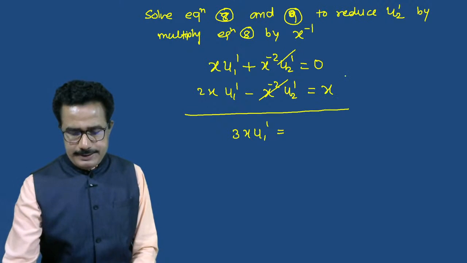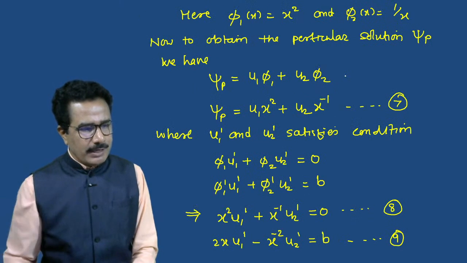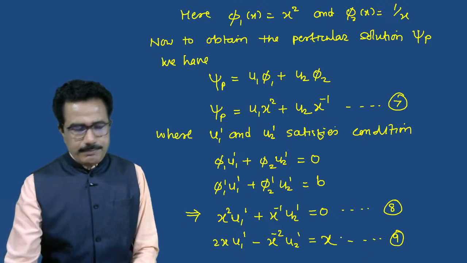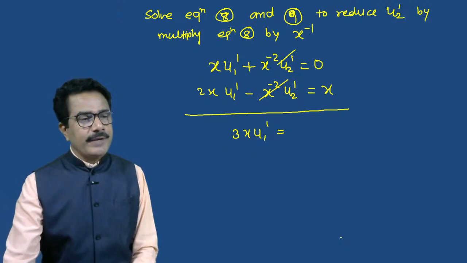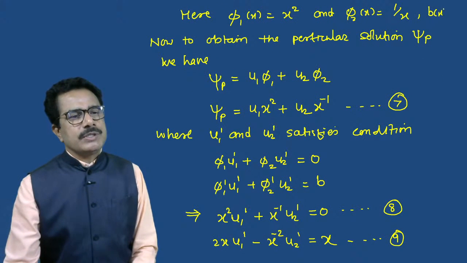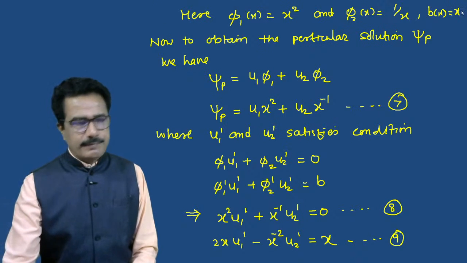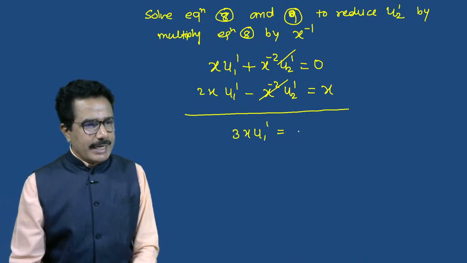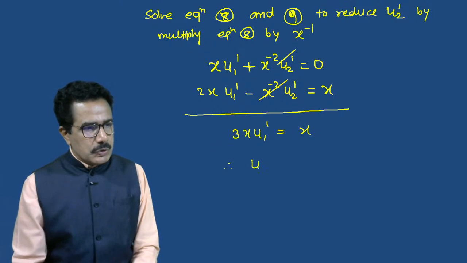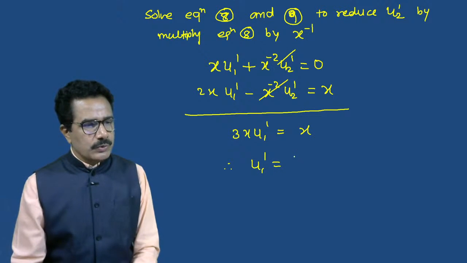है. यहाँ पे b का मतलब क्या होता है, b of x is equals to x है. यहाँ पे आप लिख सकते हो b of x is equals to x. So we can write this as x. Therefore u1 dash is equals to x divided by 3x.